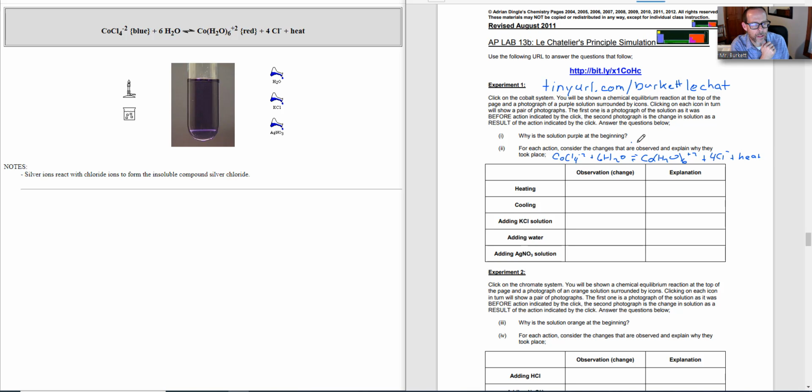And then I'm just going to write, like on this side, it is red. And this side, this cobalt 4 chloride is blue.